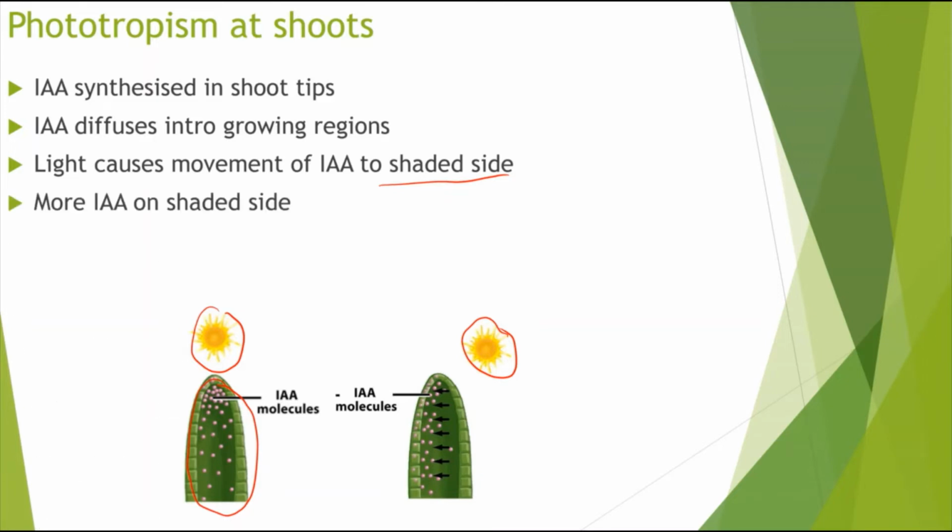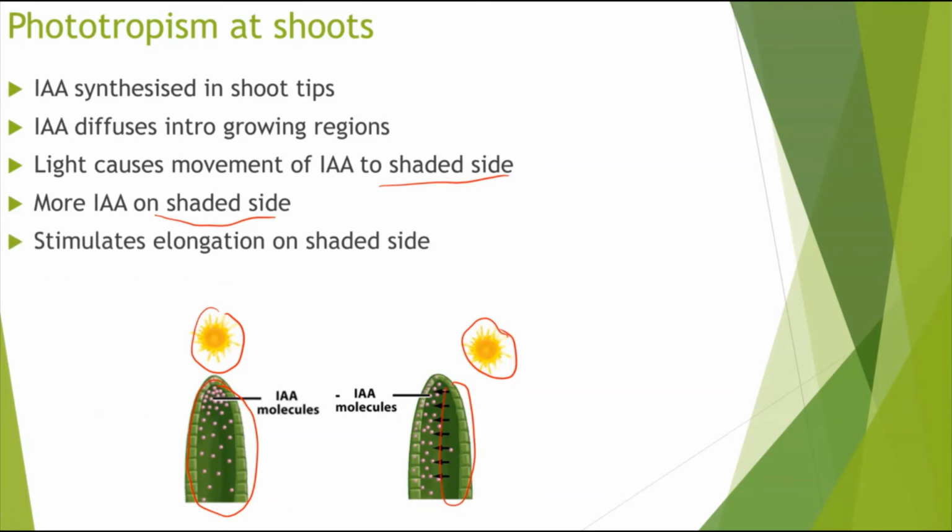And this causes the concentration of IAA to increase on the shaded side. So there's more IAA on the shaded side than the side which has more light, the right hand side in this case. What this does is it stimulates elongation on this shaded side. By elongation we mean it makes the cells longer.